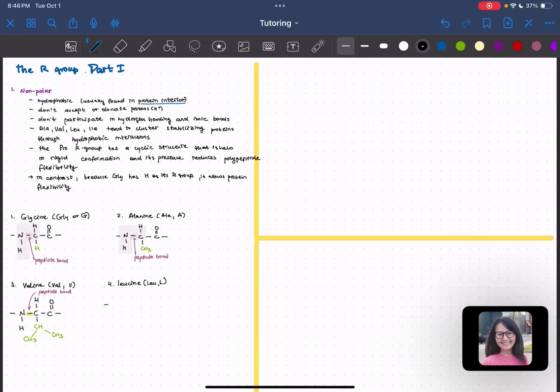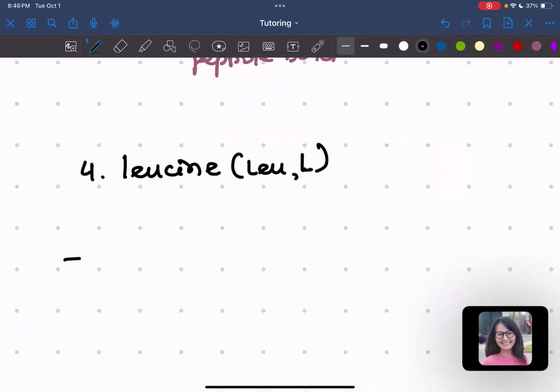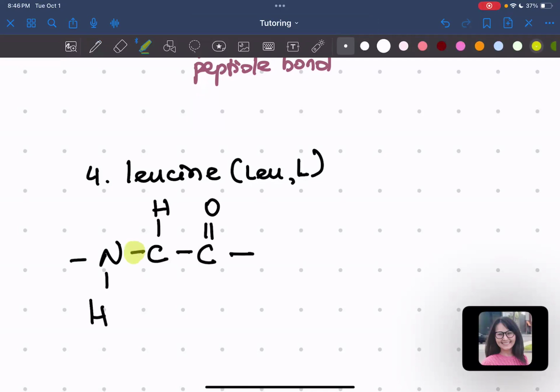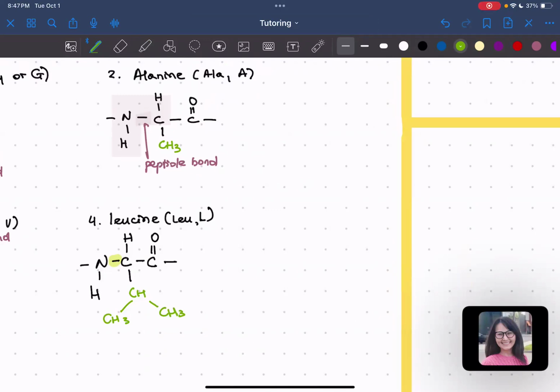Just protons, not proton ions. I'm just so tired. Okay, this is the hydrogen, another hydrogen. We know again, this guy is our peptide bond. Then we go for the CH3, CH3. This is our guy, the R group. Okay.